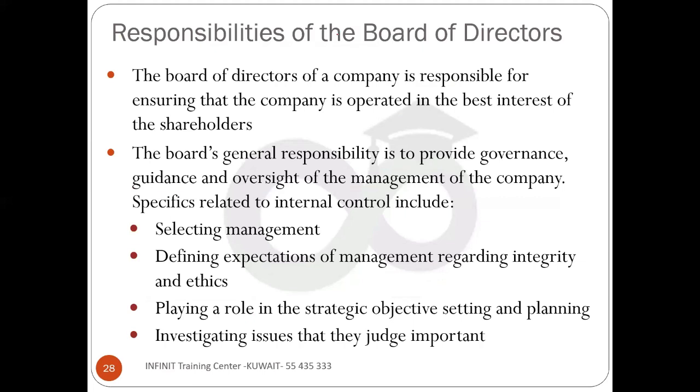This is talking about the responsibilities of the board of directors. The board of directors are elected by the shareholders. So what are their responsibilities? The board of directors of the company is responsible for ensuring that the company is operated in the best interest of the shareholders.